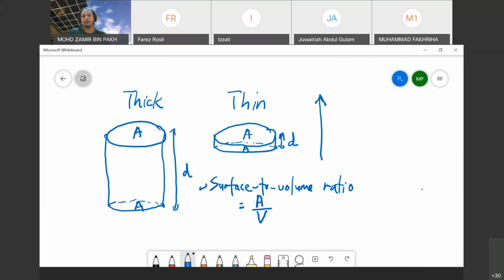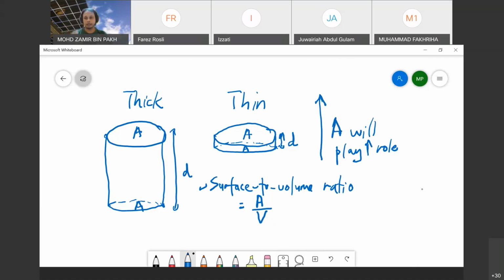So your surface will play a greater role, which means the geometry factor will be more important in a thin diode versus a thick diode.